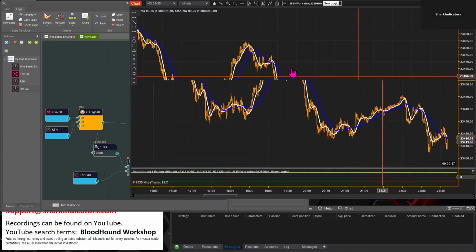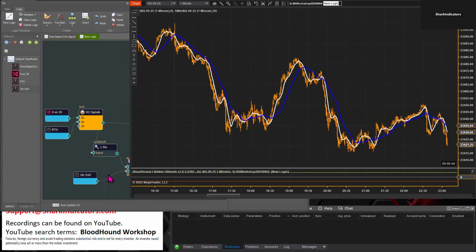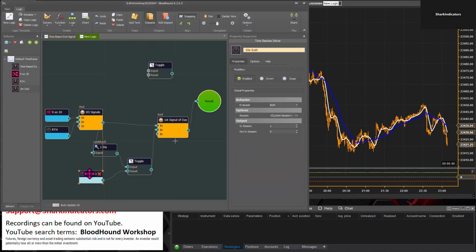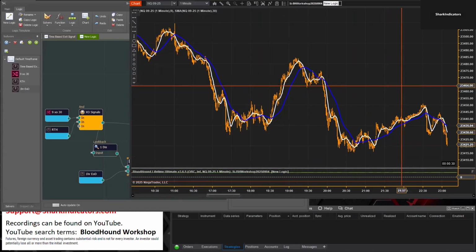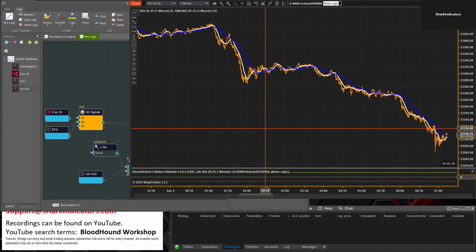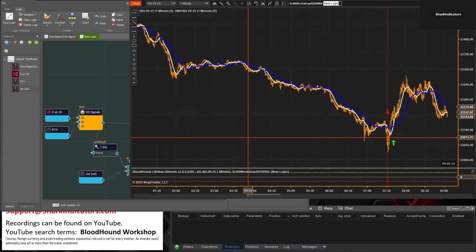And it wasn't until the end of the trading day that this time-based node going into the reset did turn the toggle node on. And so therefore the second day we actually got a signal.